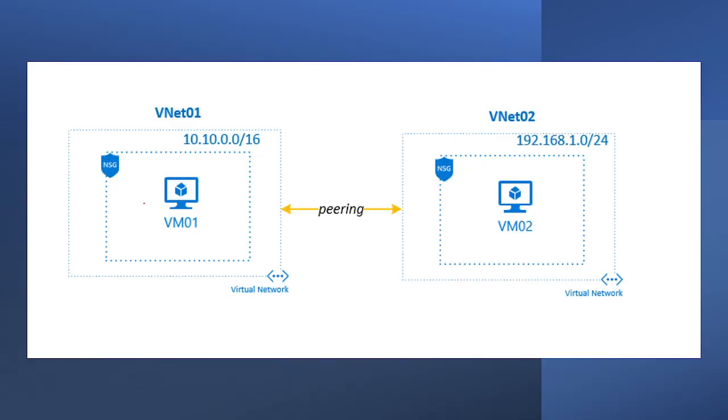See here, Vnet 01 and Vnet 02. I am trying to create, see, both are different networks: 10.10.0.0/16 and 192.168.1.0/24, right? And now I am establishing the connectivity, and if you look, we have the NSG here. The NSG is added where?